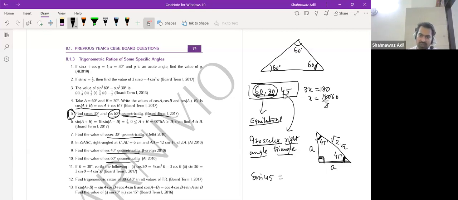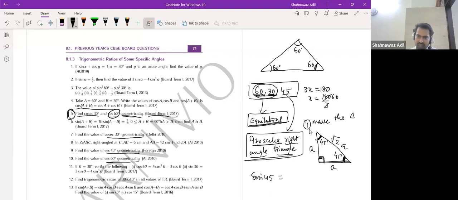Whenever they say 45-degree, you always make this triangle, and whenever they say 60, you always make an equilateral triangle. So first we make the triangle on the basis of the angle, and second, we assign P, B, H.